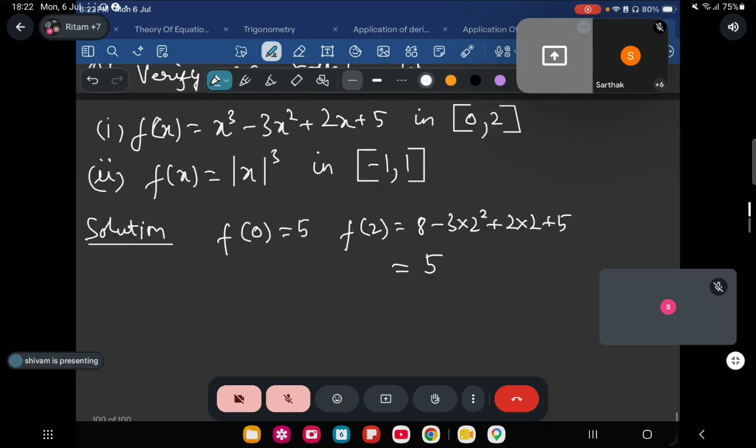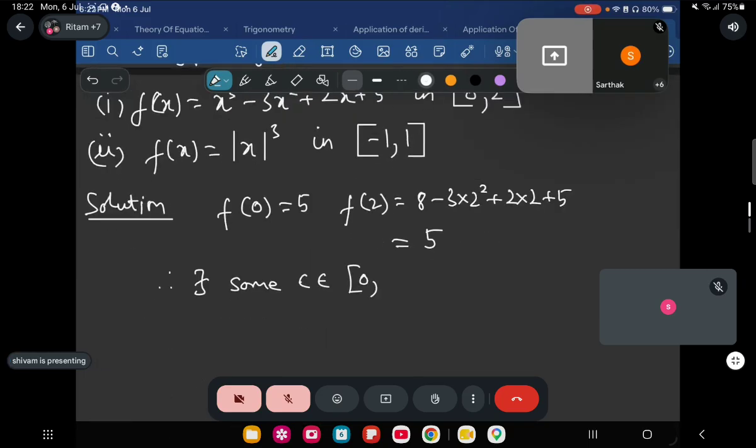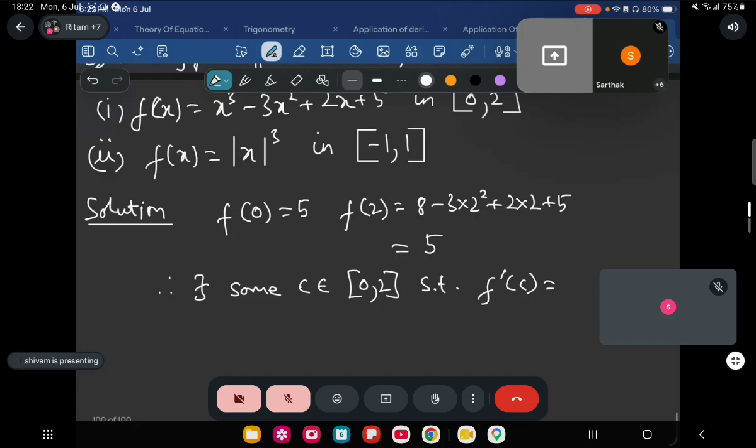That means we can use Rolle's theorem, right? Therefore, there exists some C belongs to 0, comma 2, such that f dash C is equal to 0, right? And what is f dash C? 3C square minus 6C plus 2 is equal to 0.